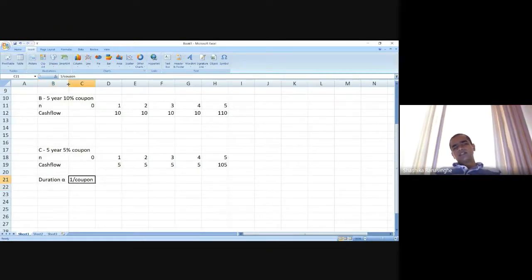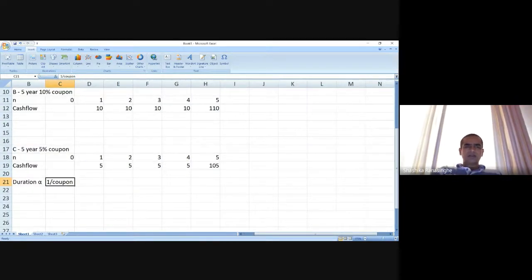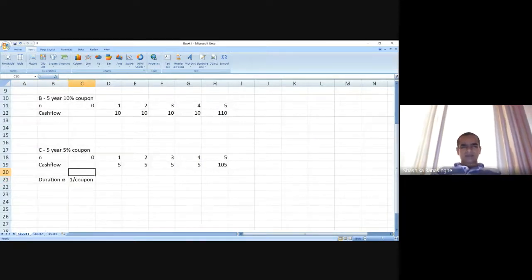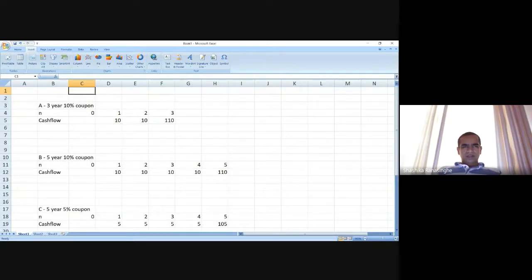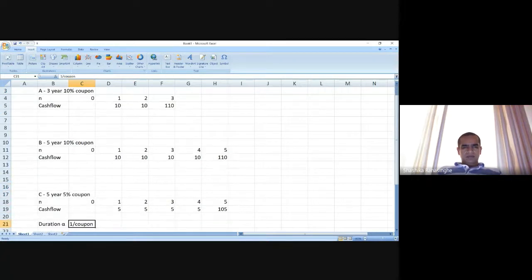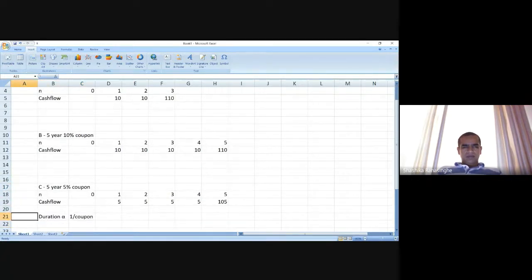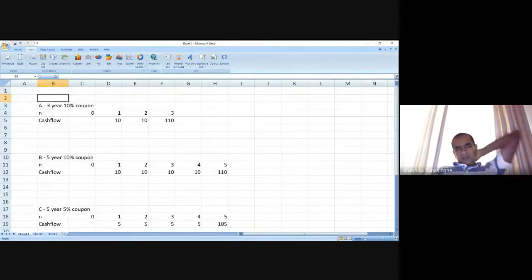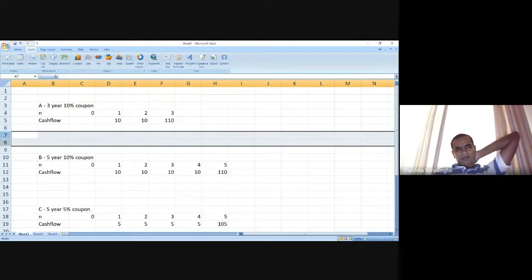Duration has an inverse relationship to coupon, right? That means lower the coupon, longer the duration. Clear? Any questions on that? Right, so the first three bonds, A, B, and C, which one do you think will have the longer duration out of A, B, and C?